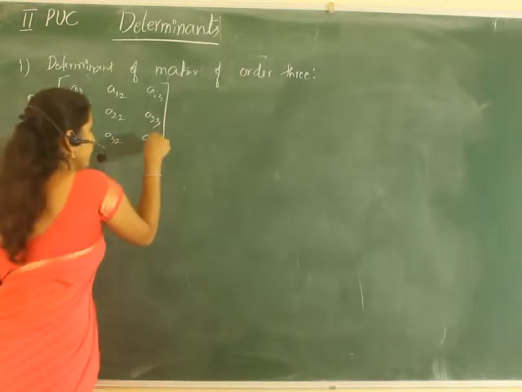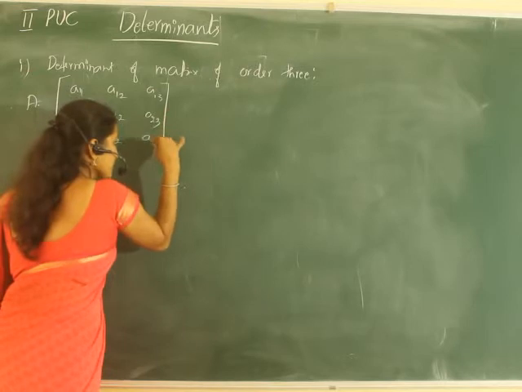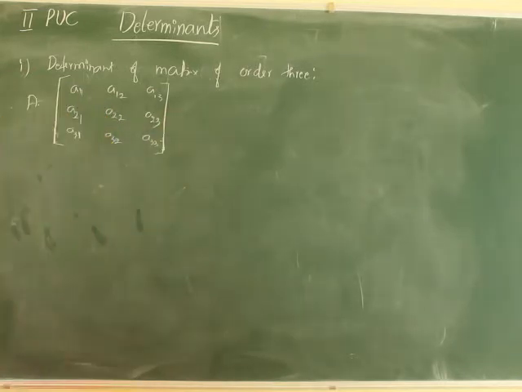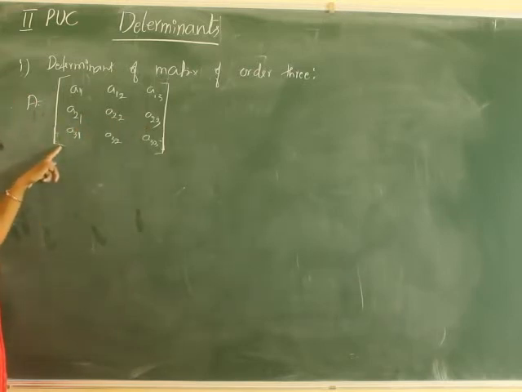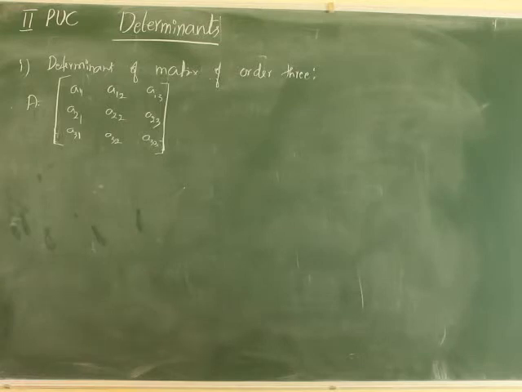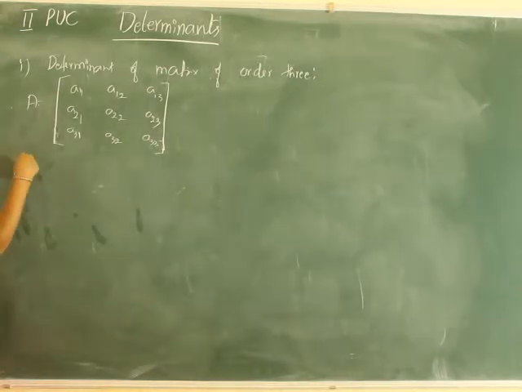Now we have to find the determinant of this by expanding along rows or columns. Either I can expand along row 1, row 2, row 3, or column 1, column 2, column 3. First I'll expand along row 1.